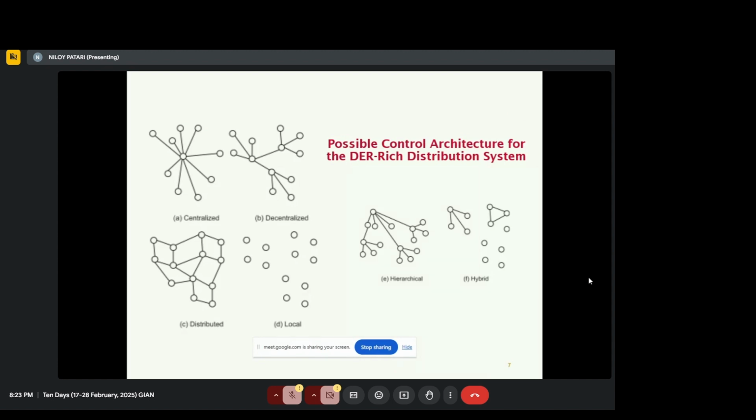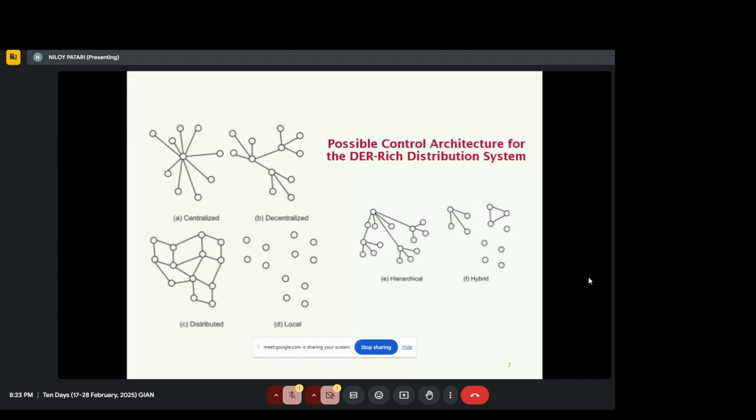If you look at any utility in India or the US or wherever, they will generally have centralized or local control techniques. Suppose in the IEEE 13 bus feeder, you saw there are two regulators: the substation transformer, this regulator, and then some capacitor banks, right?